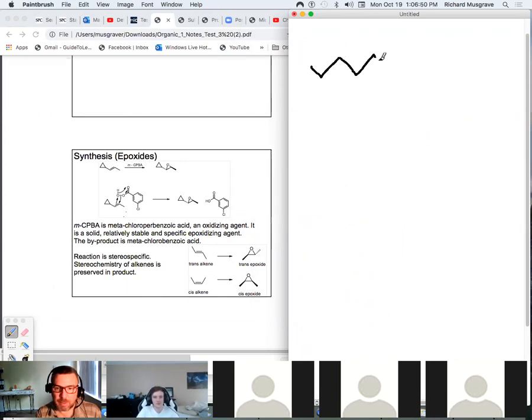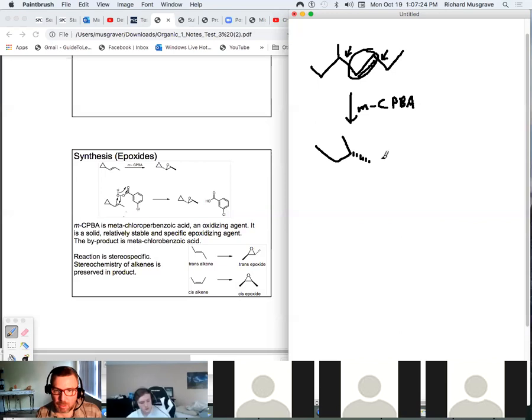So if you had something like this, and we treated it with MCPBA, which is metachloroperbenzoic acid, a good oxidizing agent, then what you would end up with, you look at the bond here, and we know that the stereochemistry will be shown for the bonds I'm pointing the arrows to. Those are the ones that are directly attached to the CC double bond.